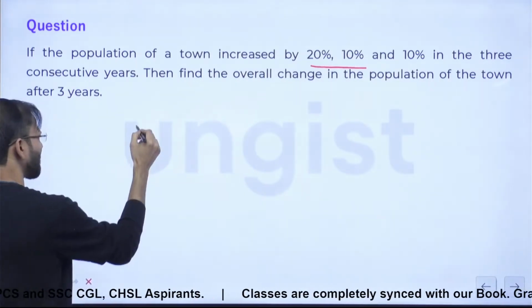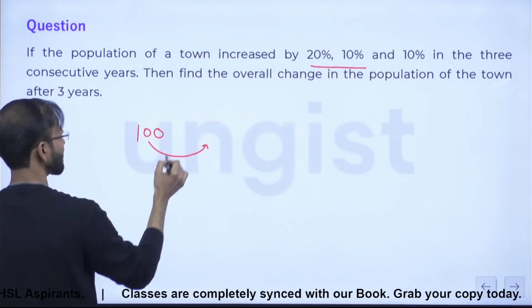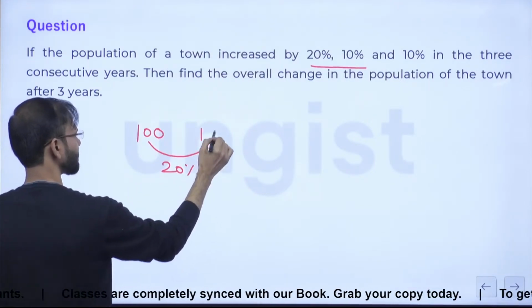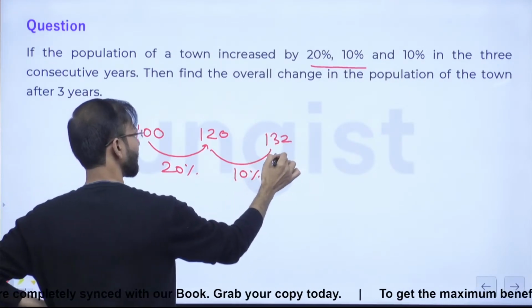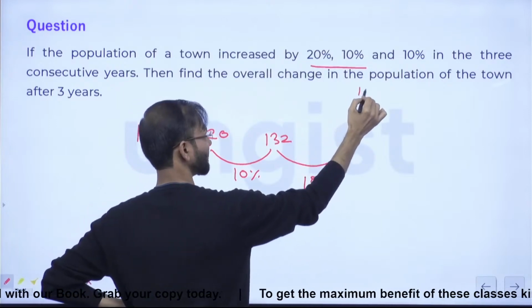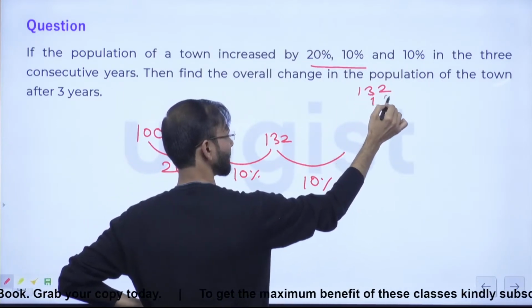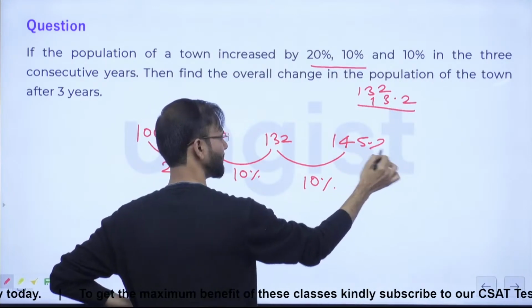See, all of you, देखिए, 100, this is 20%, will become 120, right? And then 10%, 132, and then 10%, guys. Now, देखिए, 132 plus 13.2, yes or no? So 145.2.